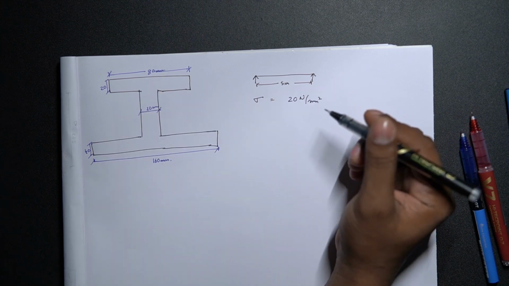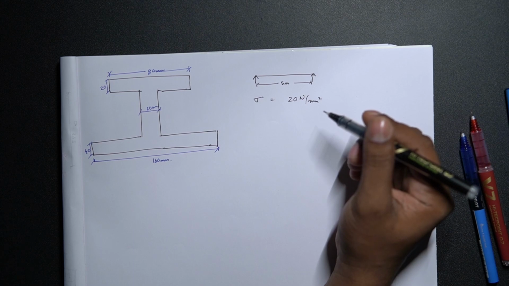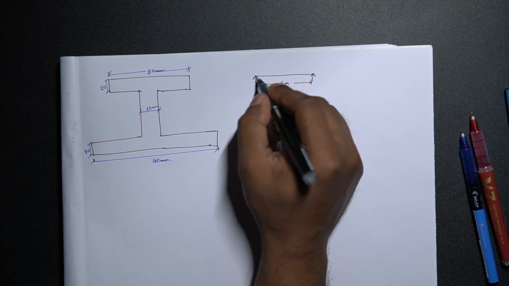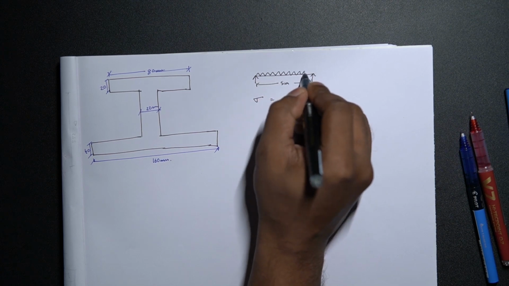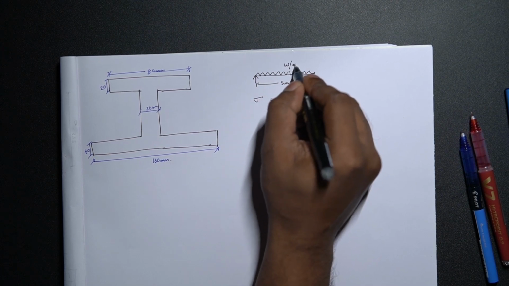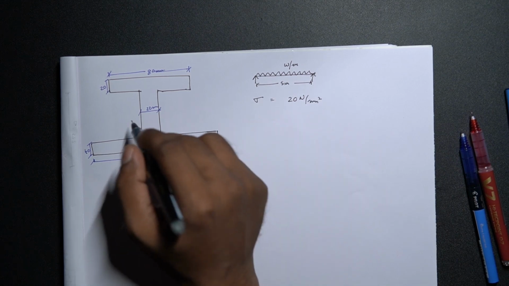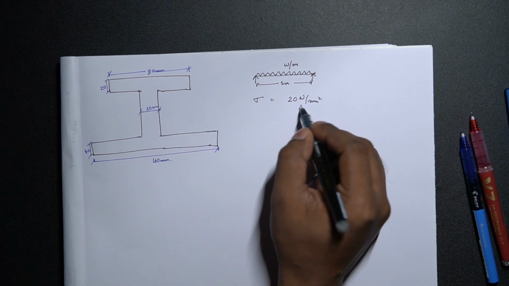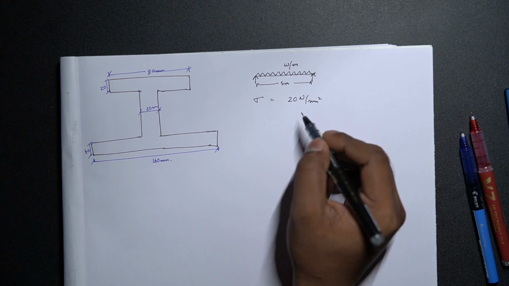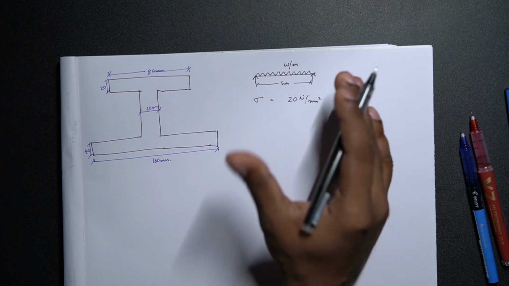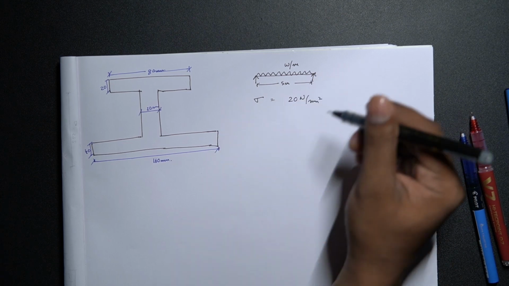Find the safe uniformly distributed load which the beam can carry. So, the question says that we need to calculate the uniformly distributed load in W per meter for a span of 5 meters, where a beam of this cross section has a total allowable stress of 20 Newton per mm square. So, this is our basic question that we need to solve for.